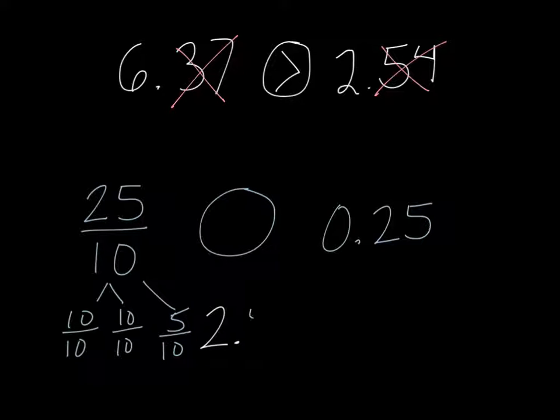So this would be 2 and 5/10. Well, that's quite a bit more than just my 25/100 that I have here. So in this case, my 2 whole and 5/10 would be larger than my 25/100. So make sure that you decompose or rewrite the numbers as necessary if they are given to you in a fraction or a word form.